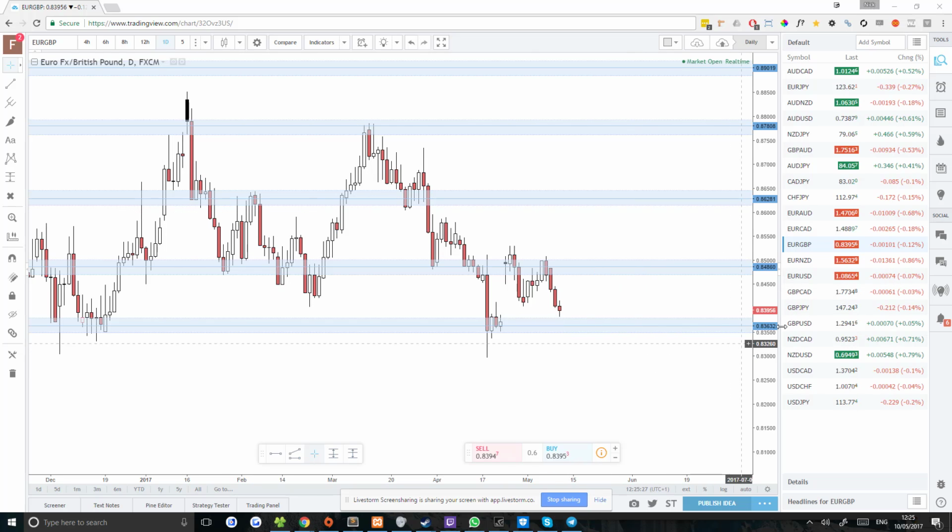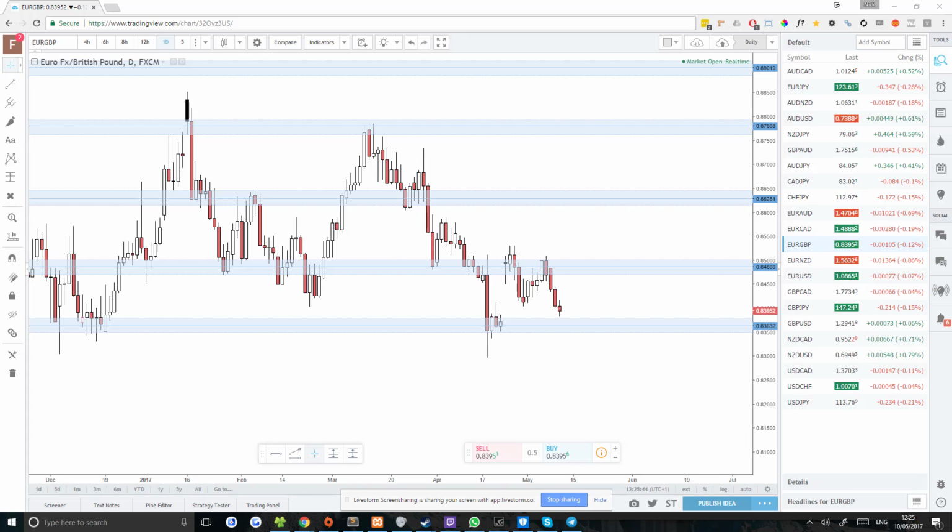On Euro GBP, this 83.60, we could very easily get into a trade here if we have obviously the right formations, and if we see the right stuff, we can get into a trade here, either a long trade or a short trade, just depending on what we see when it reaches there.